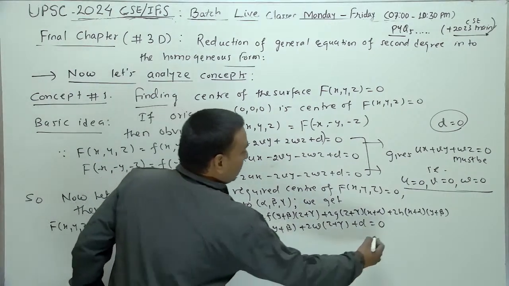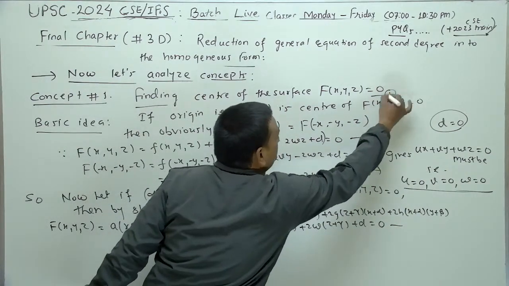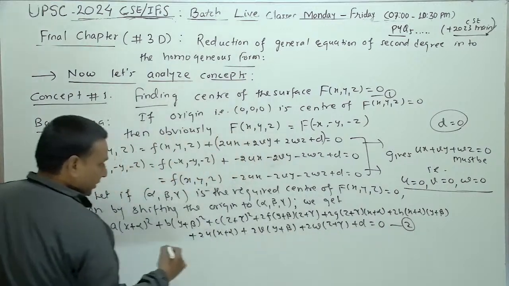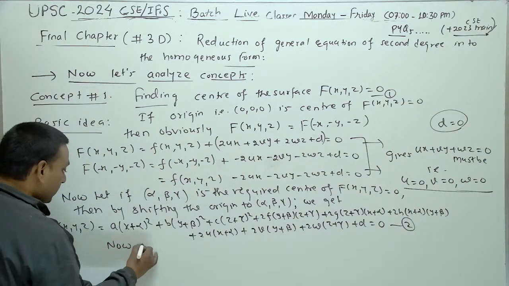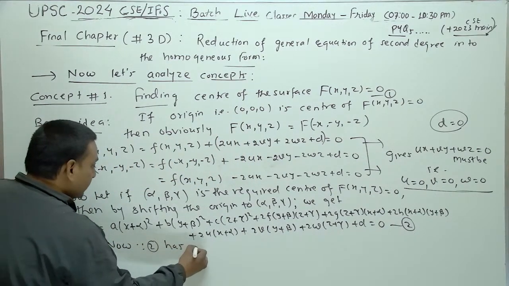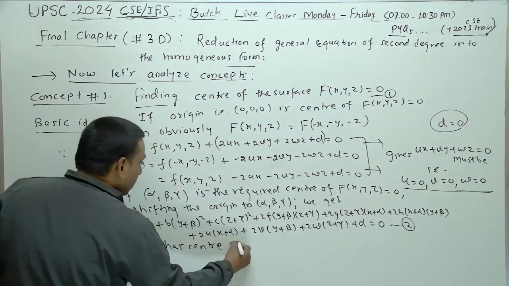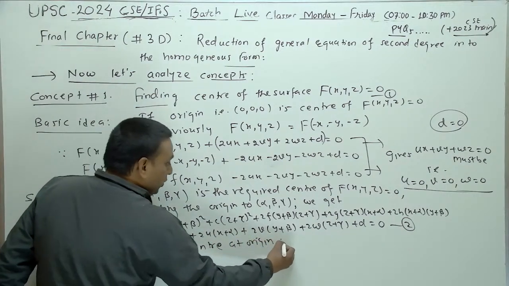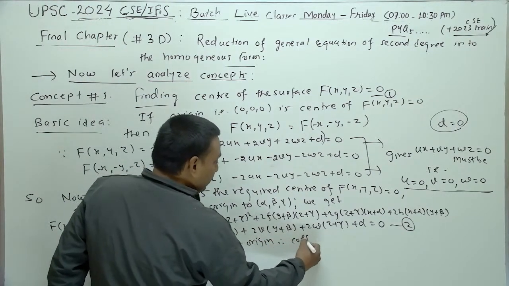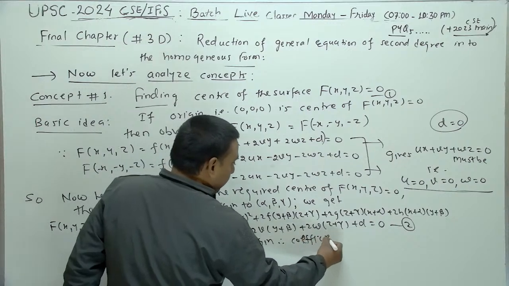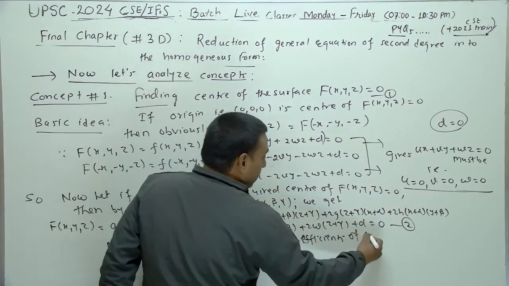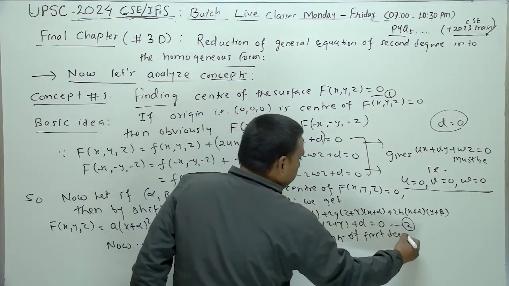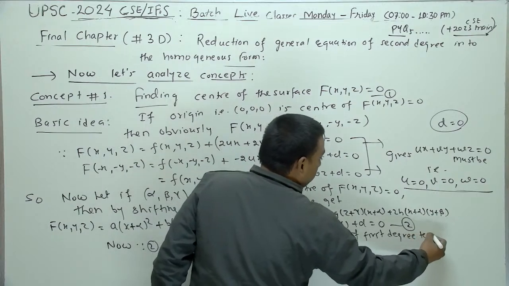अब suppose that this is 1, let's say this is 2. देखिए ध्यान से. Now since 2 has center at origin, so coefficient of first degree terms must be 0.